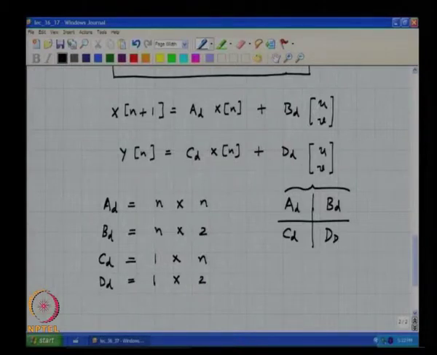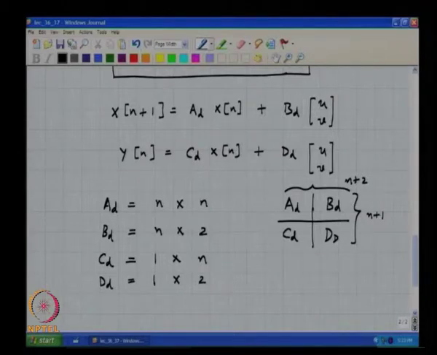If I concatenate AD and BD, how many columns are there? n plus 2 columns, and how many rows are there if I concatenate BD and BD? BD has got n rows, n plus 1, correct.